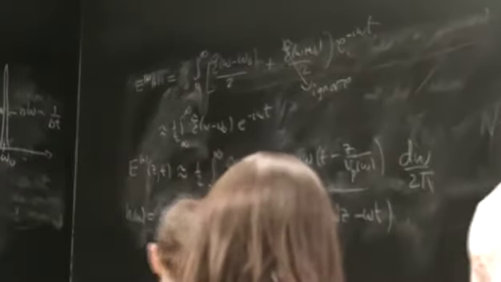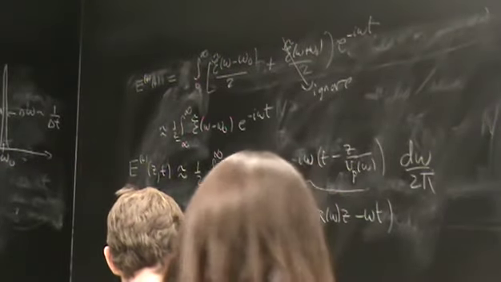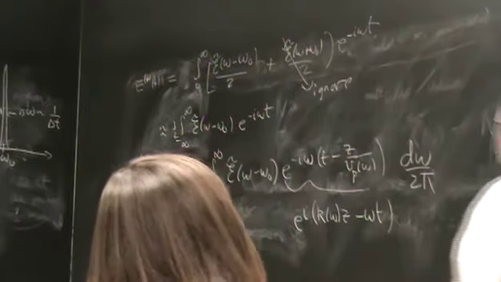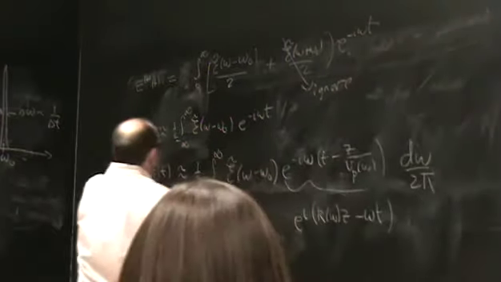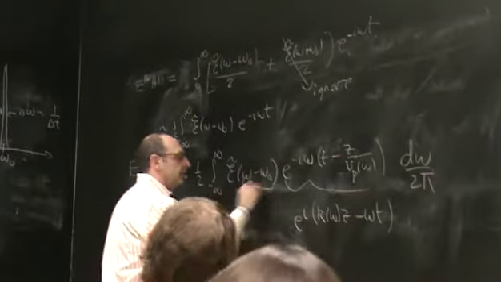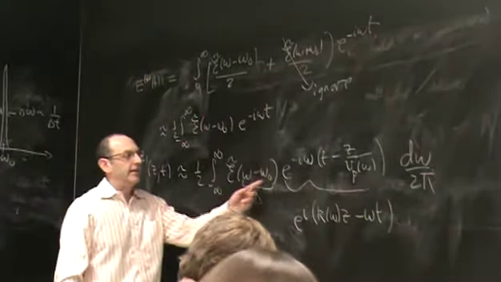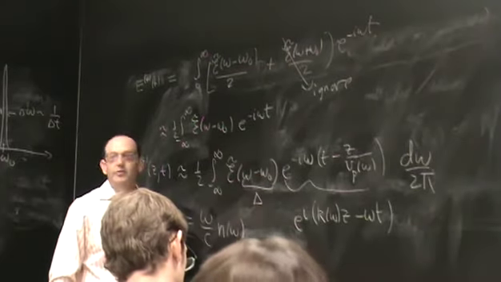Let me just spend 2 more minutes on this, because it'll be a much more natural breaking point for us. Let's define, as we did before, delta as the difference between the frequency and some central frequency.